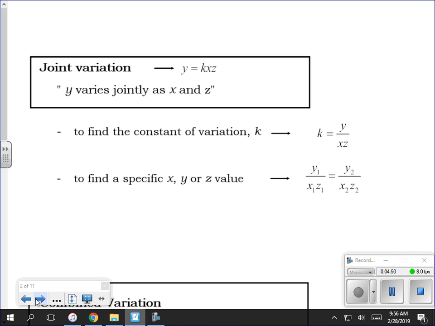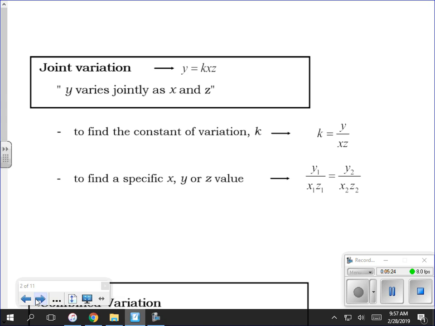So, the next one is joint variation. Joint variation is essentially direct variation with more than one variable.